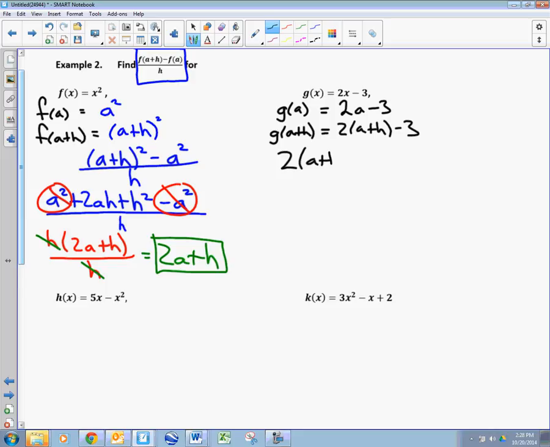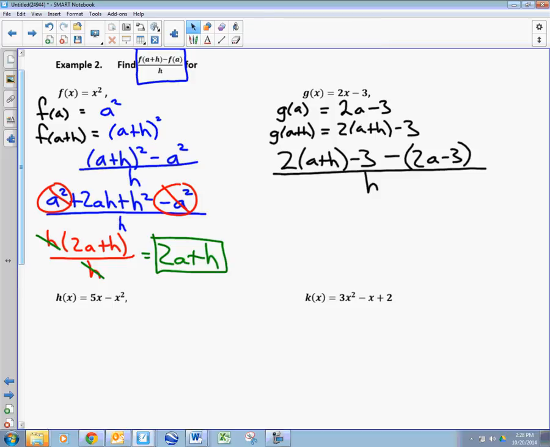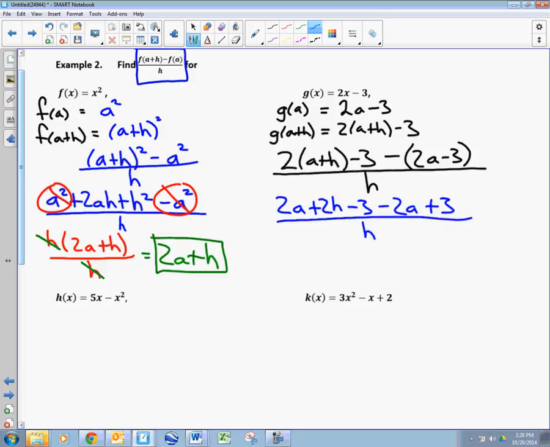So 2 times a plus h minus 3 minus g of a is parentheses 2a minus 3, all over h. Let's simplify that. 2a plus 2h minus 3 minus 2a plus 3 all over h. What cancels? Everything that doesn't have an h, right? So you're left with 2h over h, which is 2.